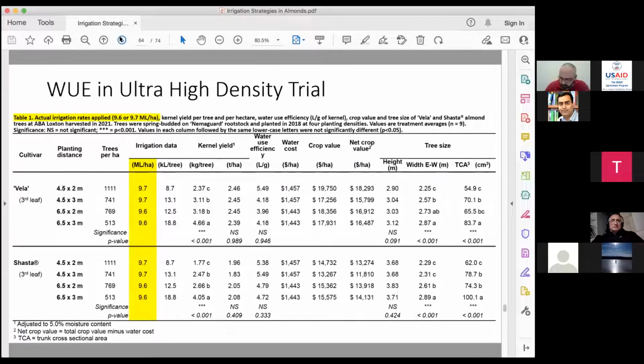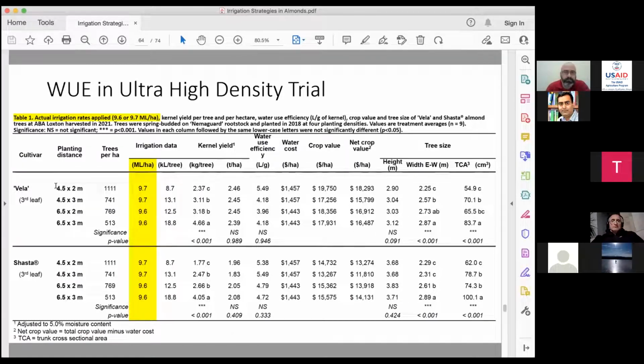So I have a collaborative trial in Australia, for which we recently got data from the 2021 harvest. That's the ultra high density trial. Ultra high density meaning that the planting distances, even row to row planting distances, were shortened.